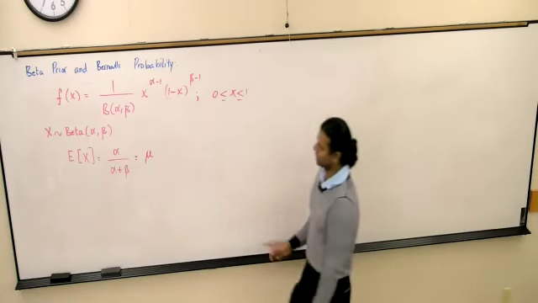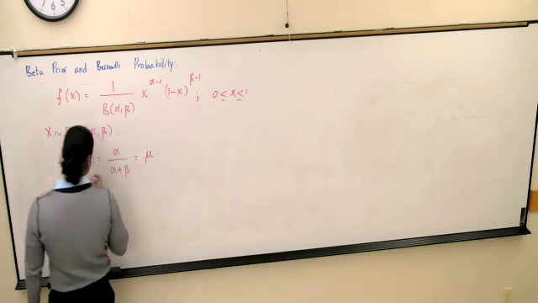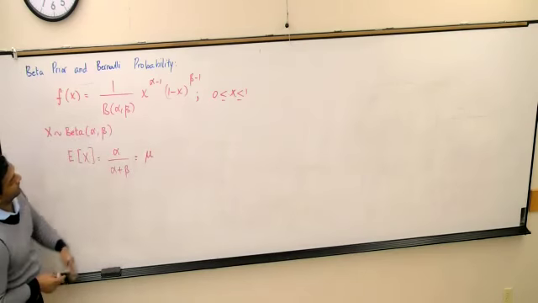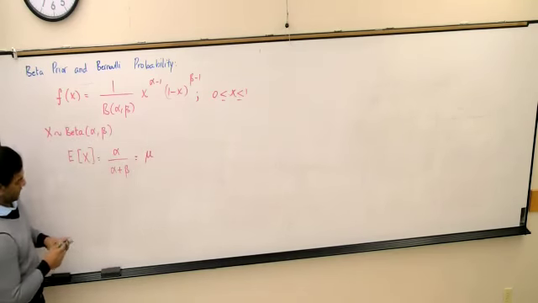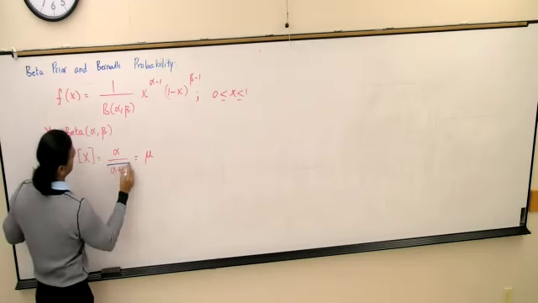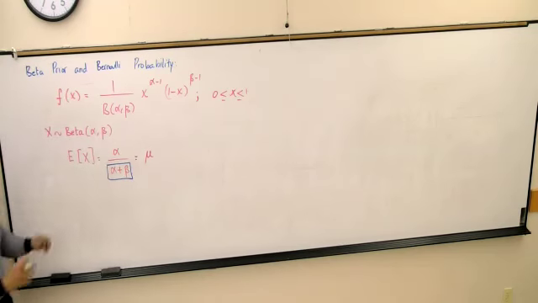So the mean, the expectation, is alpha over alpha plus beta, and that is mu. The denominator is going to decide the concentration of the density curve. We will go over that when I simulate.